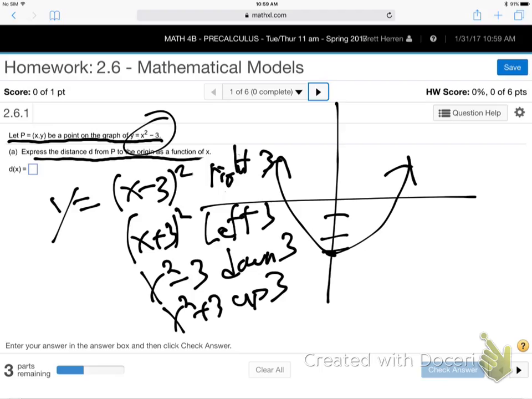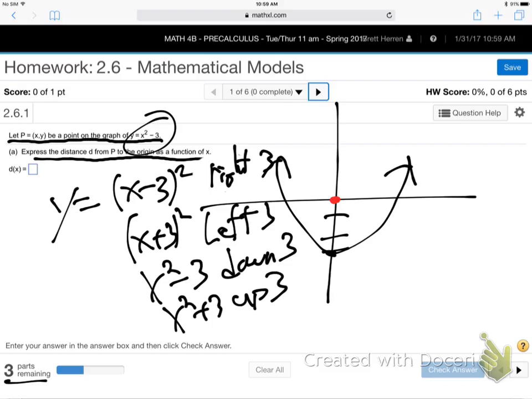Okay, so now, what are we supposed to find? Notice there's a bunch of parts remaining down here. Let me just tell you where they're going. They're going to basically say, look, here's the origin.